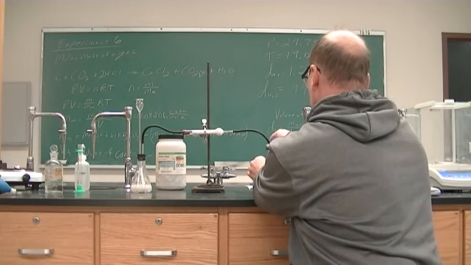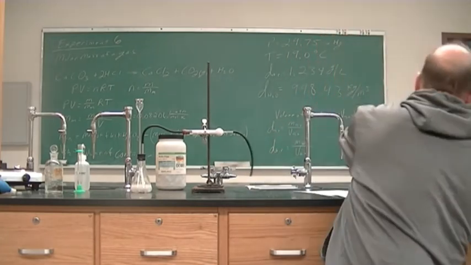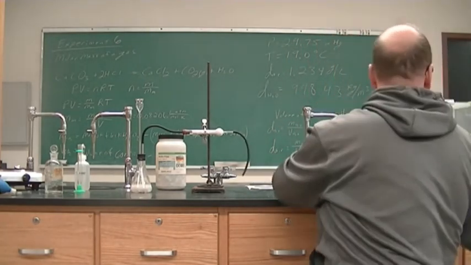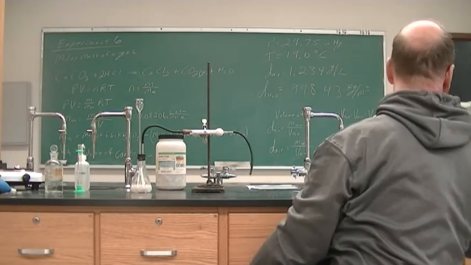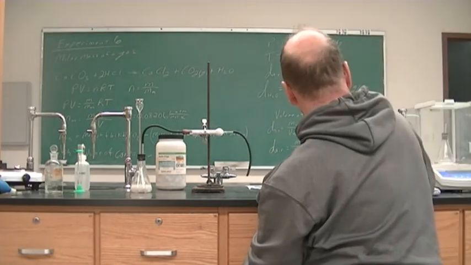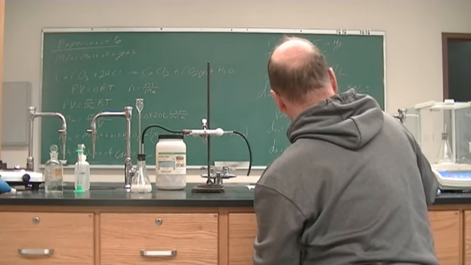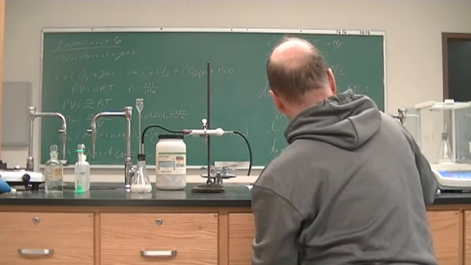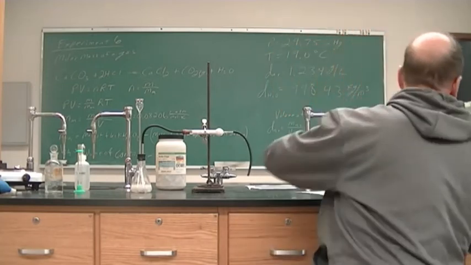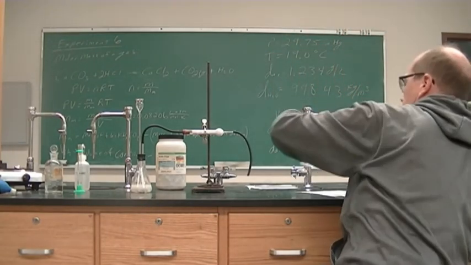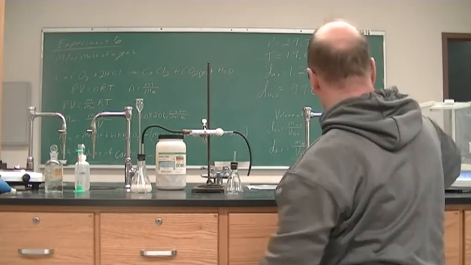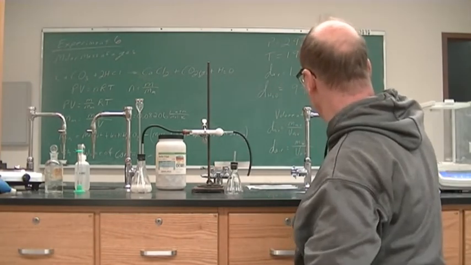Get another mass here. 69.2360. All right, so it is not changing much at all. So we're going to go with 69.2360 grams as our mass of the flask filled with CO2.